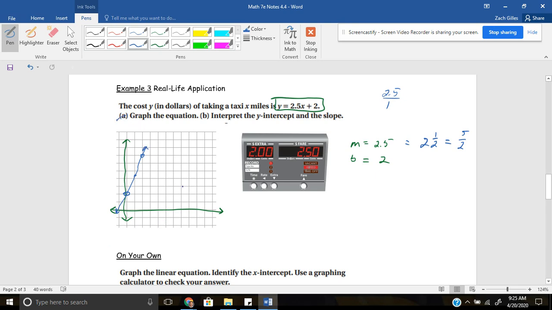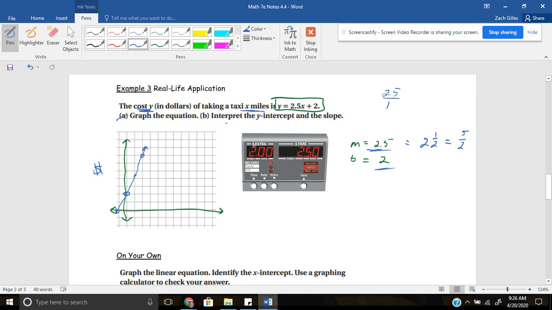Letter B says, interpret the y-intercept and the slope. So we know our slope was 2.5, and we know our y-intercept was 2. What does that mean in the context of the problem? Okay. Well, if we're talking about our cost, y is dollars. So over here, we're talking about money.